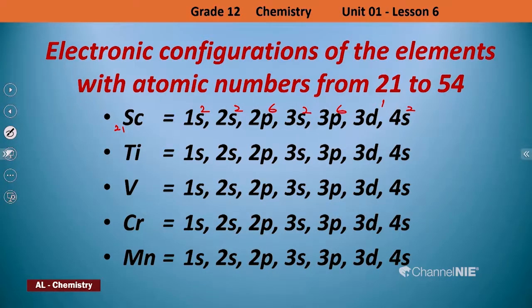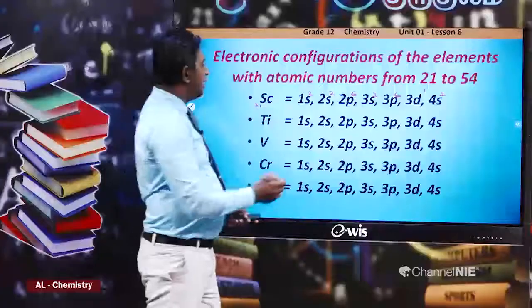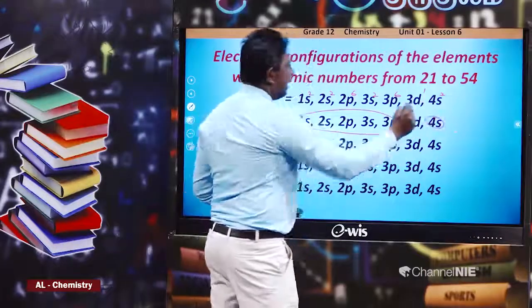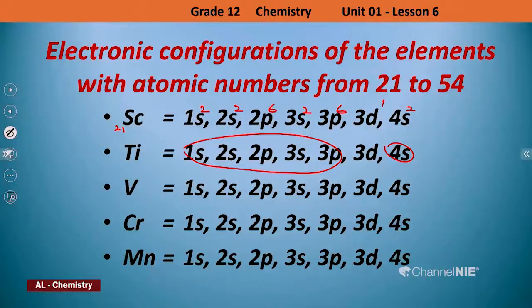When you have the others, titanium, vanadium, chromium, manganese, you need to keep filling in the same way. It seems 4 for chromium, but that's not correct, it's wrong if you do that, it's 5 there. So it's a deviation that chromium exhibits.